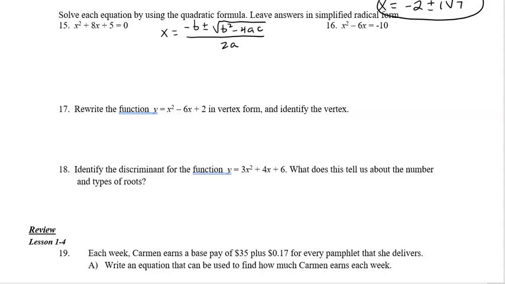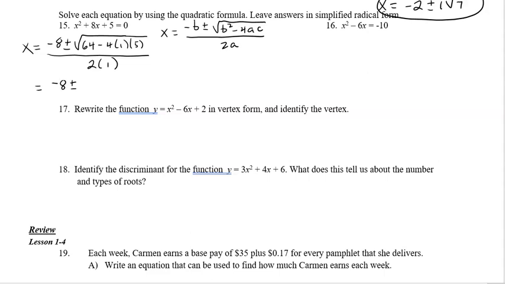So my first move here is to look at my b term, and it's negative 8, the opposite of b, plus minus square root of b squared, that's 64, minus 4 times 1 times 5. And all of this goes over 2 times a, which is 1.